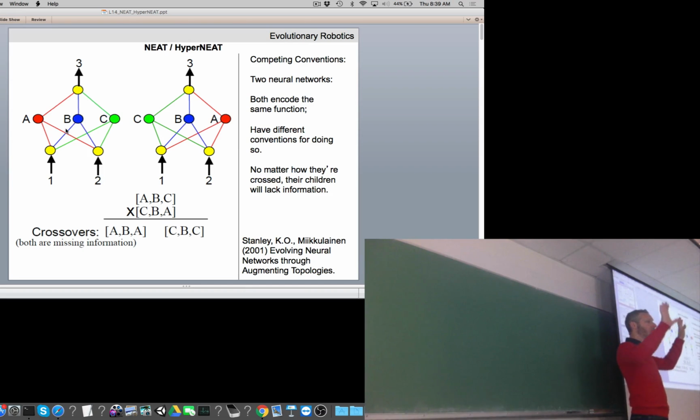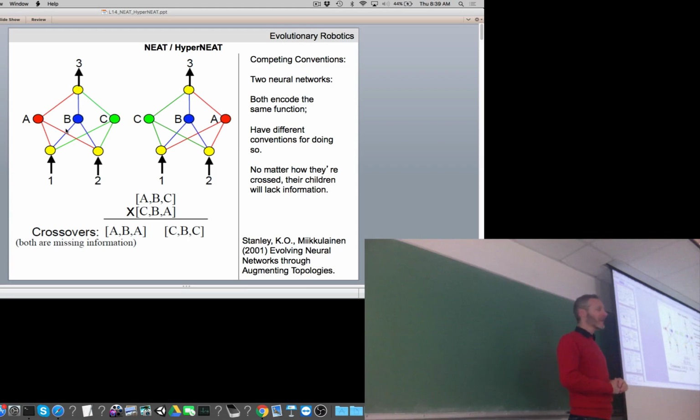We've got two networks in the population that are doing pretty well. Let's imagine further that the first network is doing really well at A and B, but not that great at C. This one is doing not that well at A and B, but has nailed C, really knows how to do C. What would we like to have happen here?